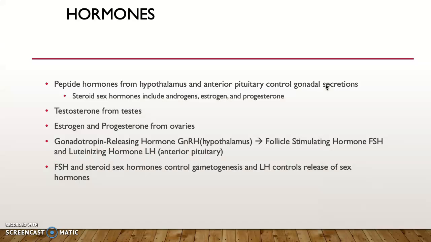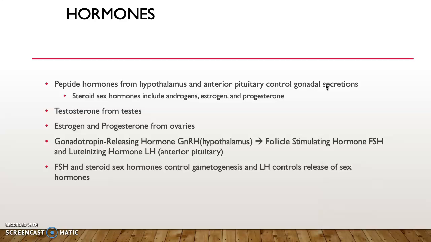Now we'll be talking about hormones, because like any other process, hormones control gametogenesis, and they are the focal point of this PowerPoint, in which we'll be talking about the feedback loop. Peptide hormones from the hypothalamus and anterior pituitary gland control gonadal secretions, and these include androgens, estrogens, and progesterone.